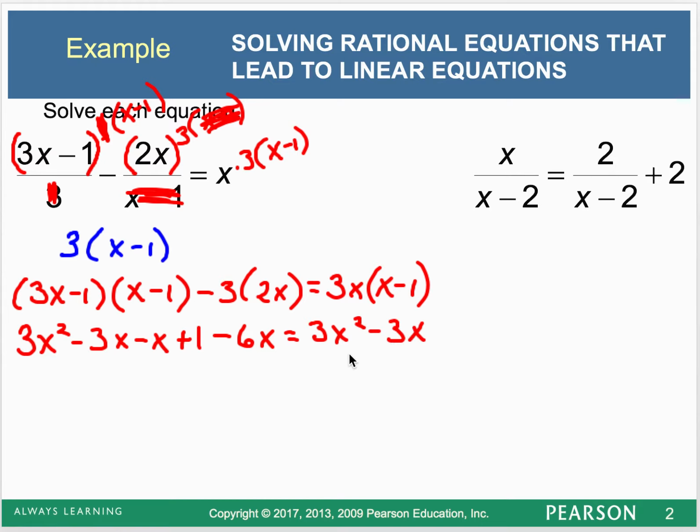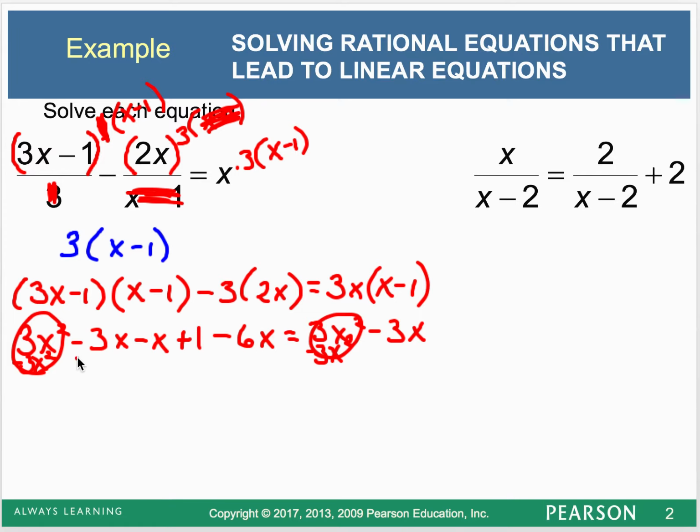Okay, now notice if we subtract 3x squared from both sides, those second degree terms are eliminated, and hey, we just have a linear equation here.